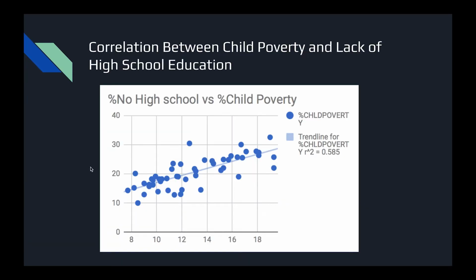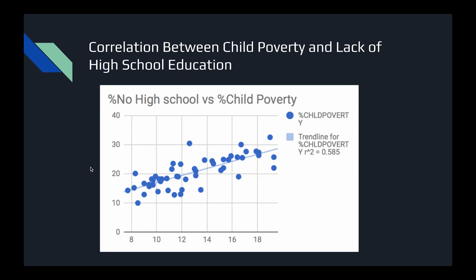Okay, so now we're going to talk about the correlation between the 2 categories that we just discussed, which were the percent of children in poverty and the percent of students that don't graduate high school. Our original hypothesis was that children who grow up in poverty are less likely to graduate high school.